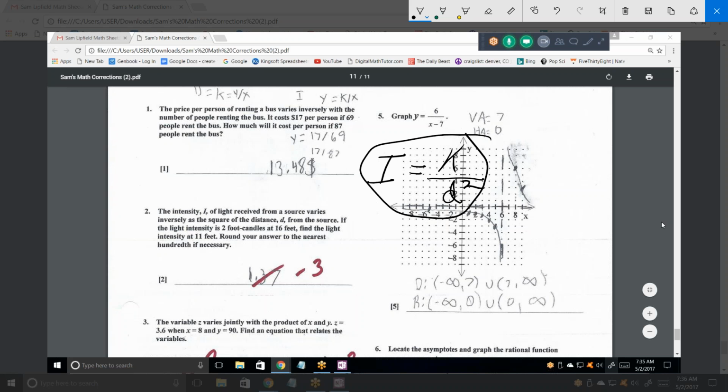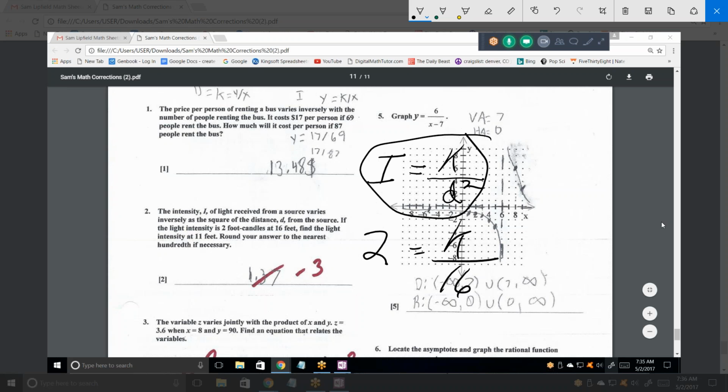Now the rest of the information they give you is going to allow us to solve for K. That's always the next step, solving for K. So they say the light intensity is 2 foot candles at 16 feet. Well, there's 2 foot candles, and D is 16.